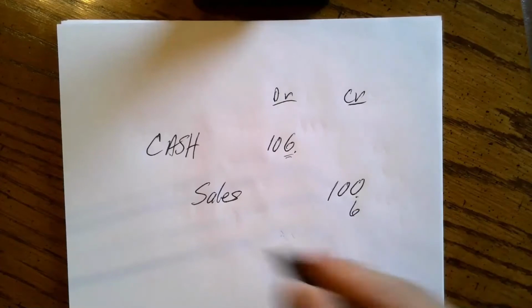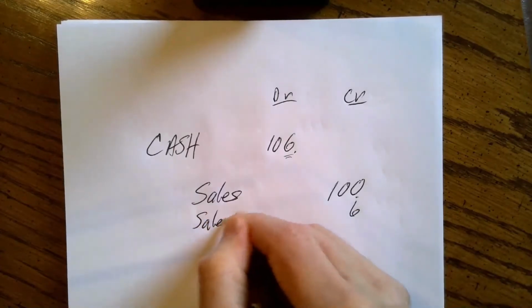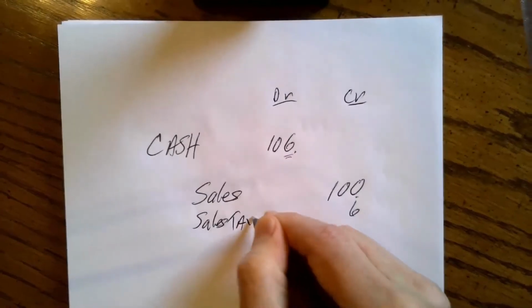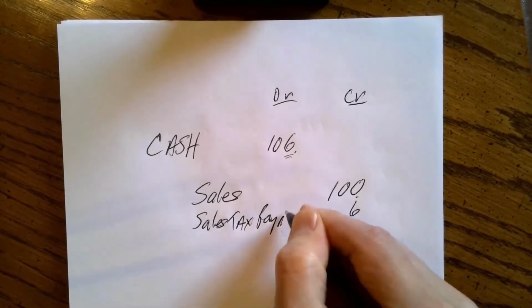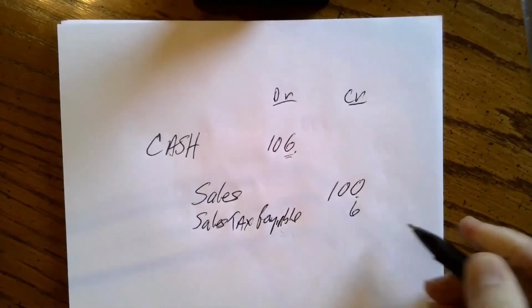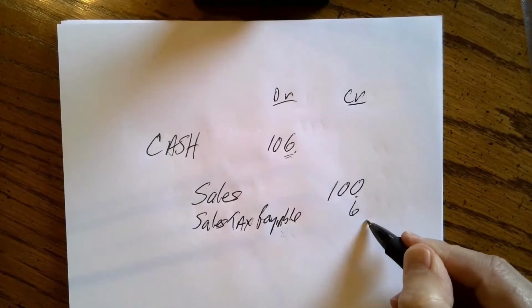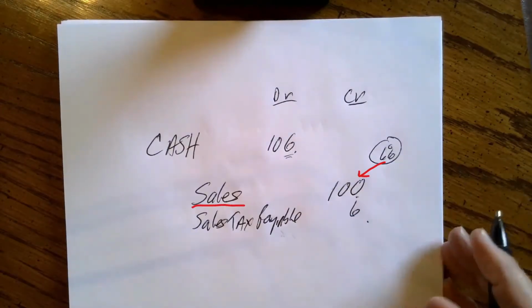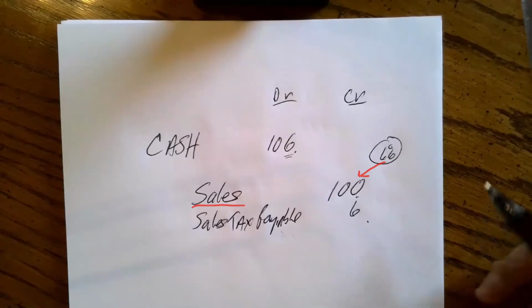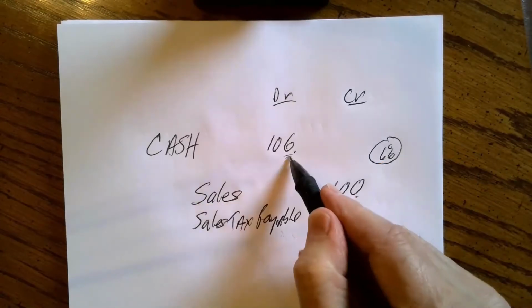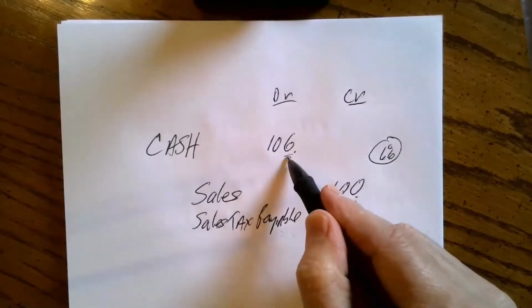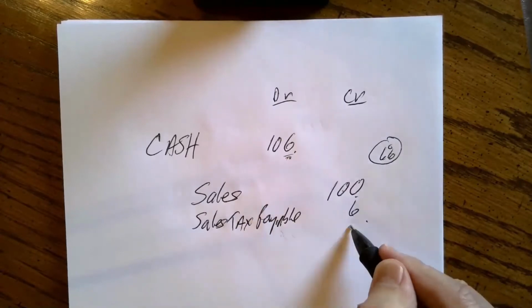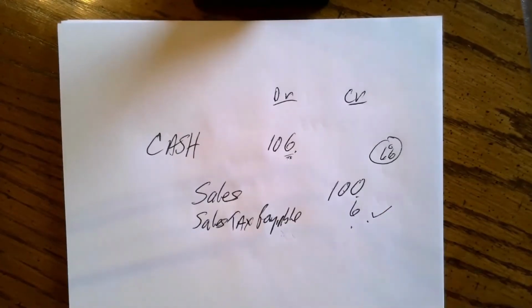That $6 tax does not belong to them, it's a sales tax payable. They must record that as a current liability in their ledger. Again, example of a 6% sales tax levied at time of sale. The total amount of the sale is recorded plus the collected amount, which has to be booked as a current liability.